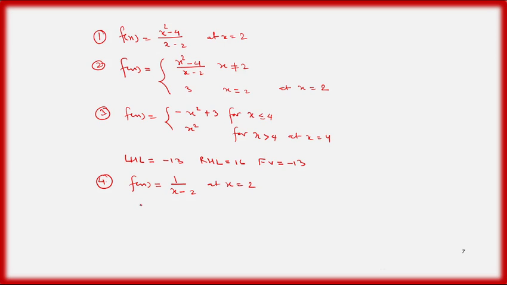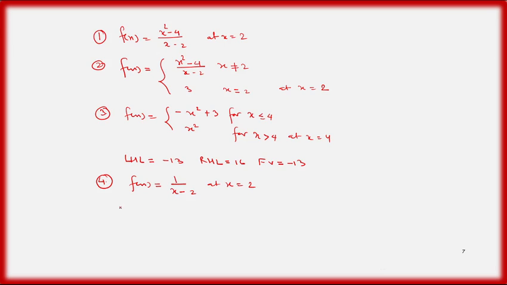Yes. Why is it discontinuous? Because the limit is also not defined and the functional value is also not defined. Yes. Both the left hand limit and right hand limit don't exist.